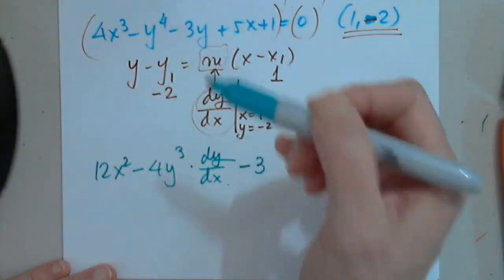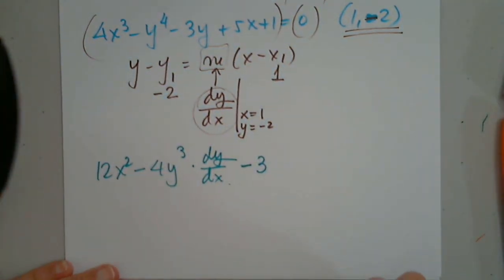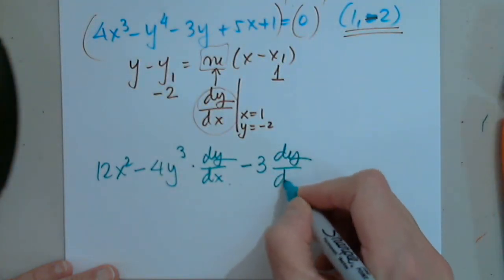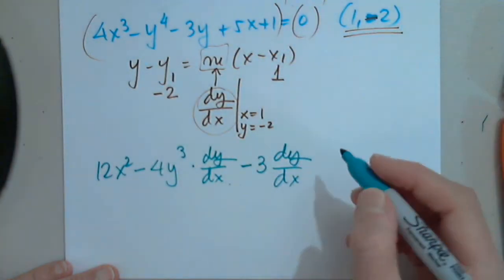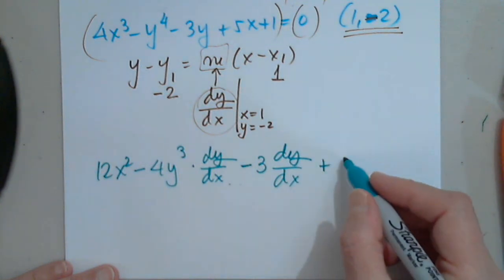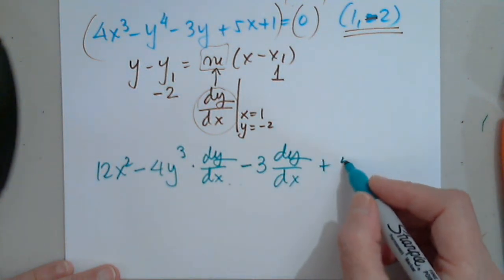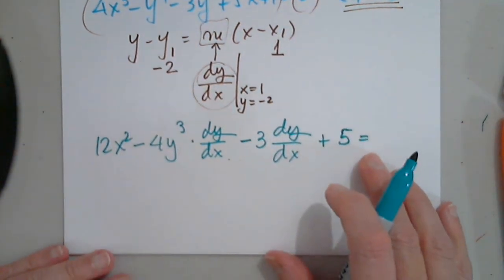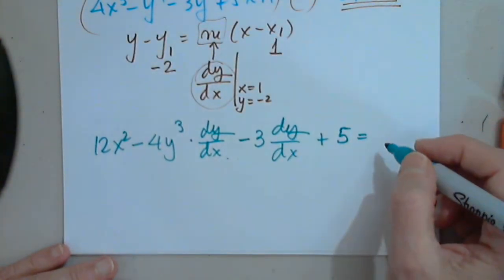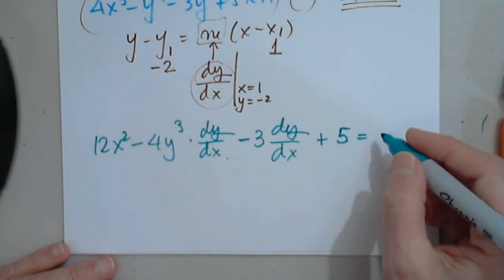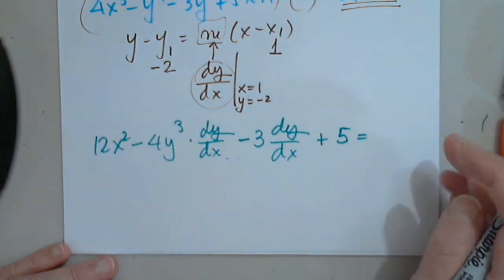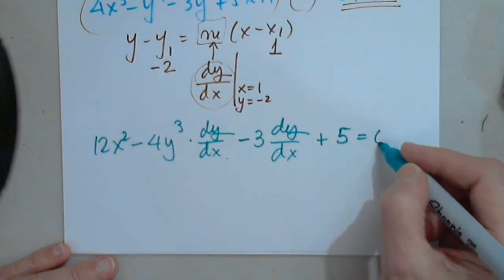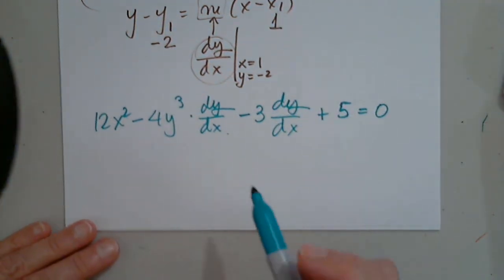What do we write for y prime? dy over dx. That's it. Very good. Thank you. And plus 5x prime. That's it. And 1 prime? 0. Very good.